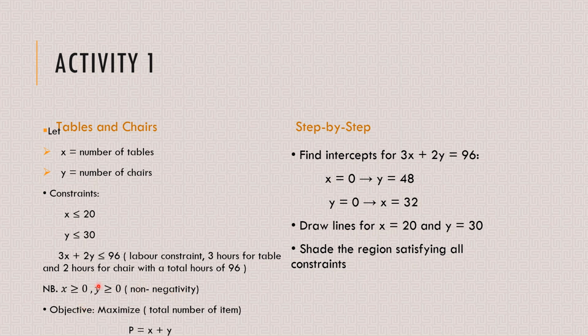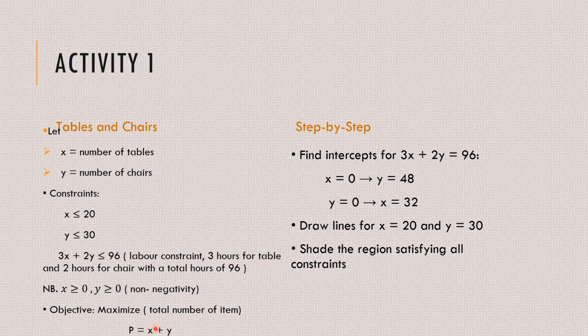So what is the problem? What do we want to optimize? We want to optimize the total number of items to produce. We have to increase the number of items to produce. So the P represents the maximization of the items to produce.